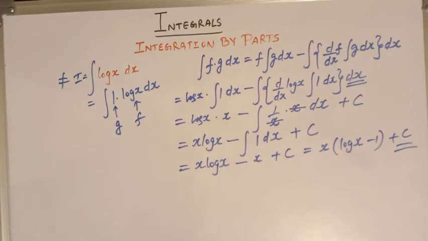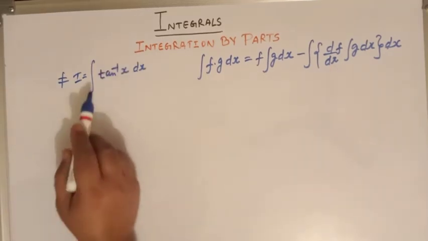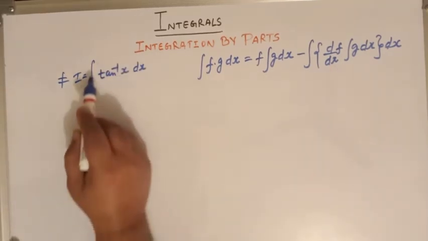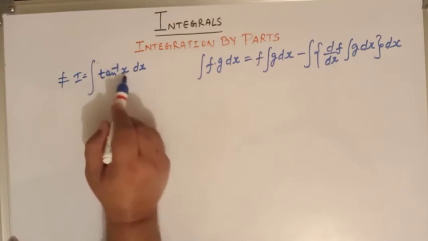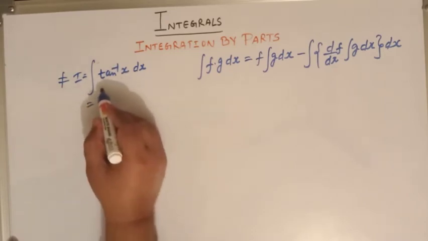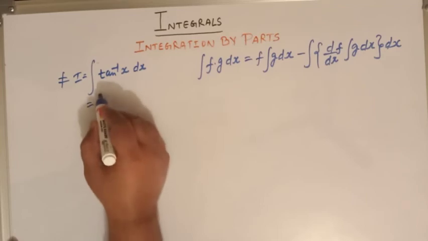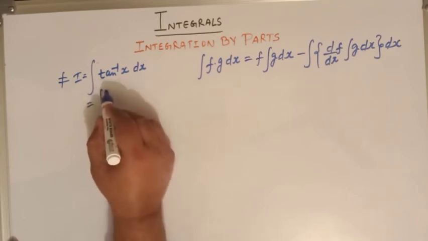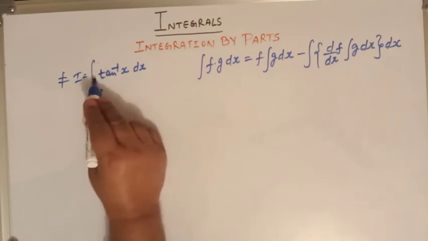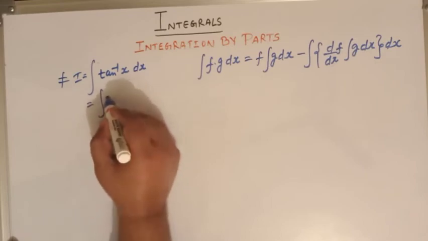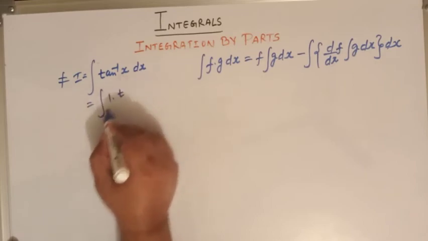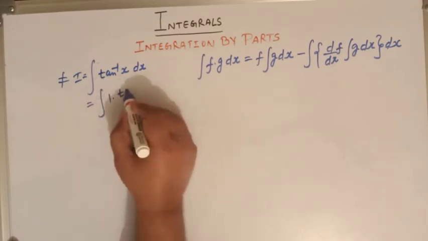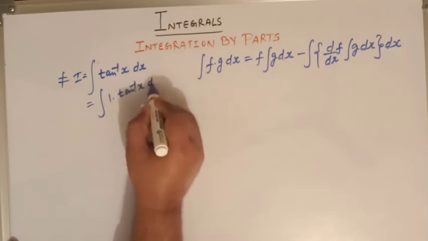Clear? Now suppose we have to integrate tan inverse of x. Here also we have only one function, therefore the second function should be taken as 1. So we can write it as 1 multiplied by tan inverse of x. Clear?